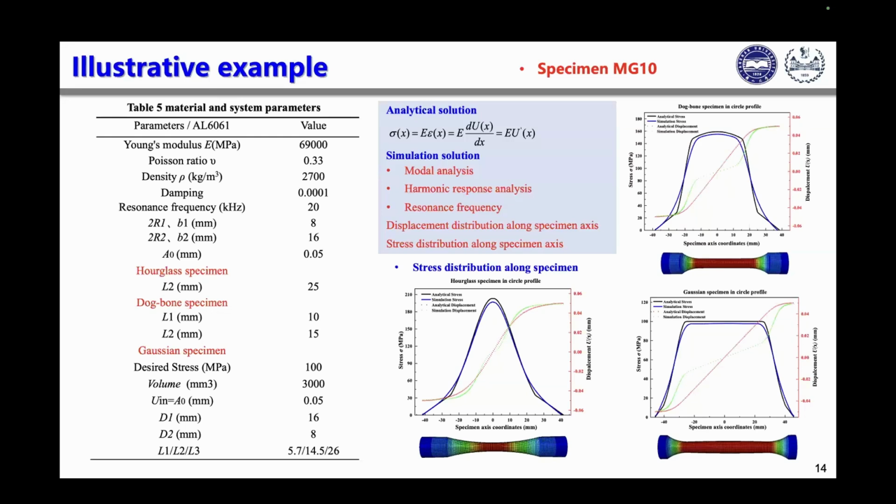And here is the illustrative example for 3 types of commonly used specimens in very high cycle fatigue. The stress distribution along the specimen center axis can be exported.